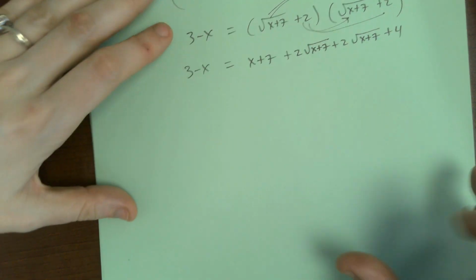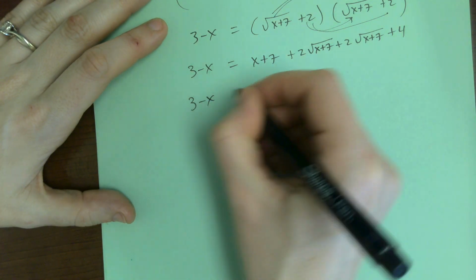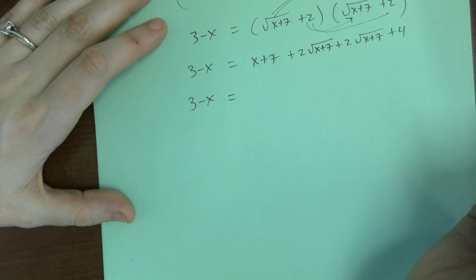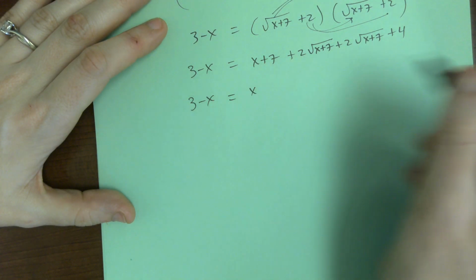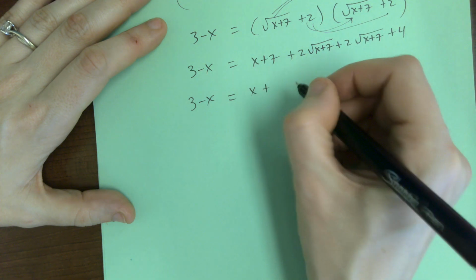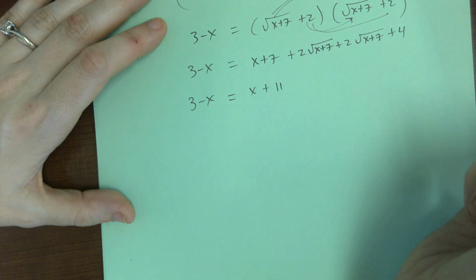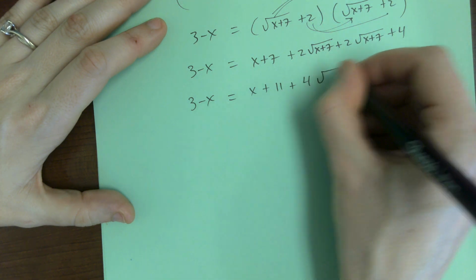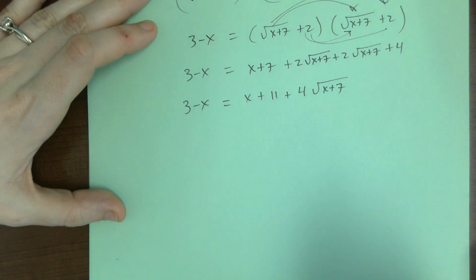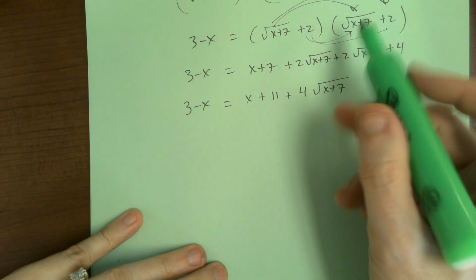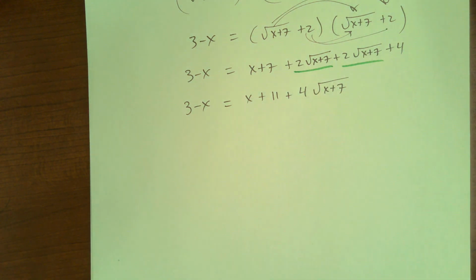Alrighty, so let me combine like terms and stuff. So 3 minus x equals x. I'll add the 4 to the 7. 11. Okay, so guys, just take note of this. These were actually like terms. So we get 4 square root of x plus 7.